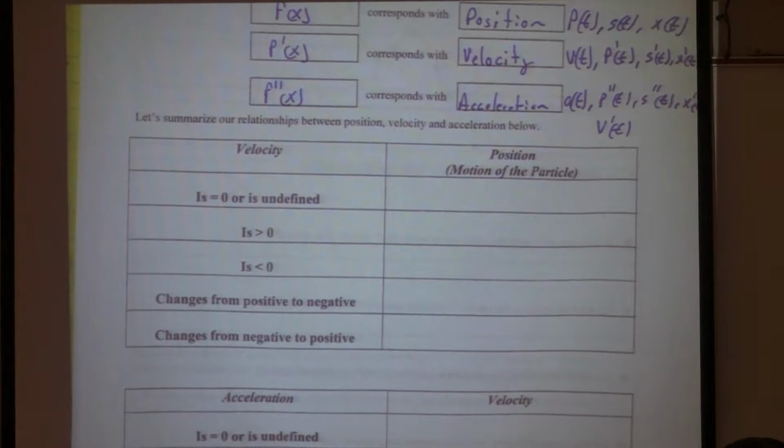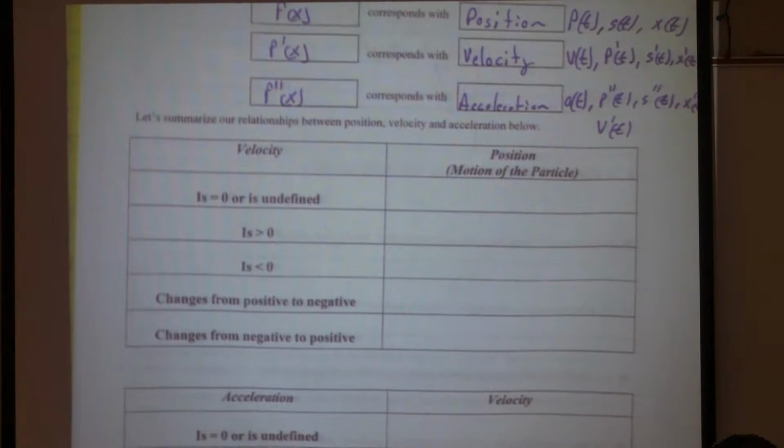Doesn't the acceleration say the position is changing at an increase in velocity? But that's what the velocity is. The rate at which the position is changing would be velocity.